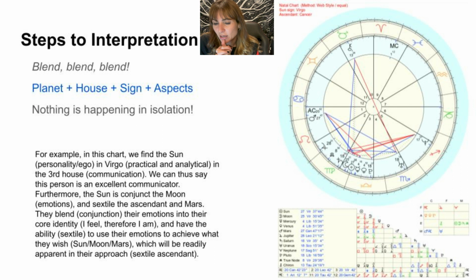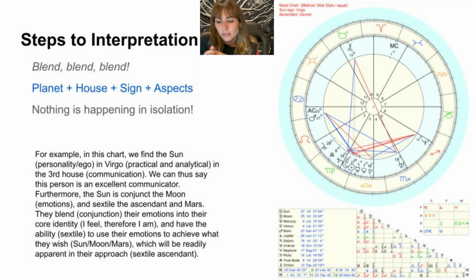But we kind of say it like this: I feel, therefore I am. Now, in this instance, the moon is lower in degree. It's at 25 degrees, whereas the sun is 27. So 25 is lower than 27. The moon is louder. The emotions are going to come out stronger in this particular conjunction.